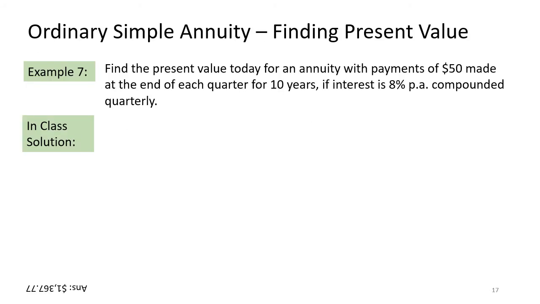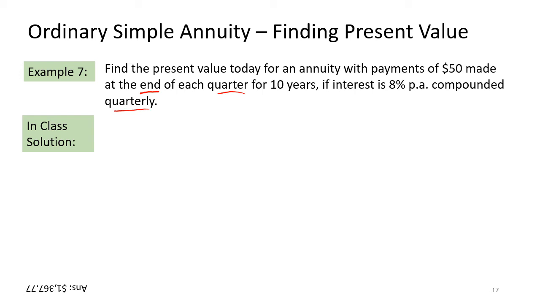Find the present value today for an annuity with payments of $50 made at the end of each quarter for 10 years if interest is 8% per annum compounded quarterly. Again, I want you to be familiar with this. It's saying at the end of each quarter, and interest is compounded quarterly.